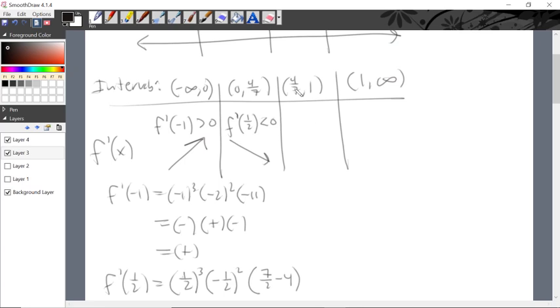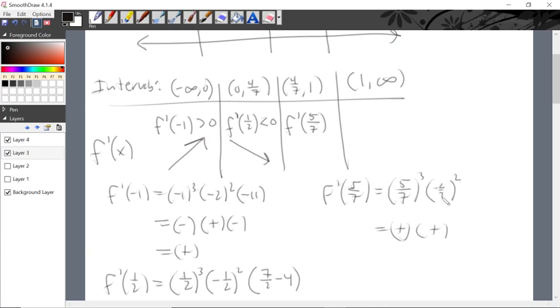Let's check in this interval between 4/7 and 1. Let's try 5/7. So f prime of 5/7. First we have x cubed, a positive number cubed, which is going to be positive. Then we have a quantity that's going to be squared, so that's guaranteed to be positive as well.